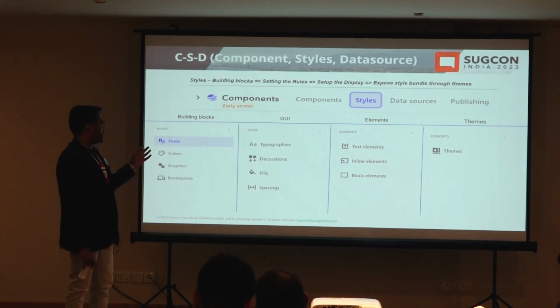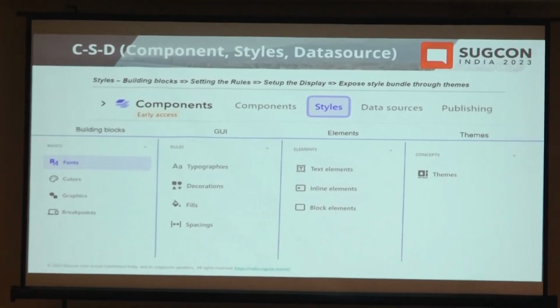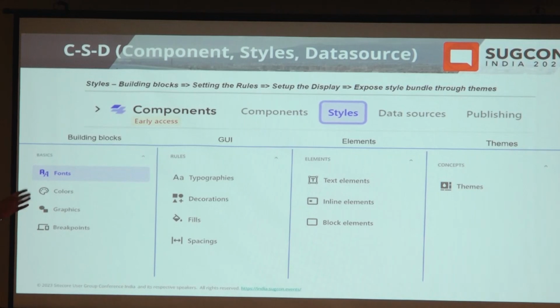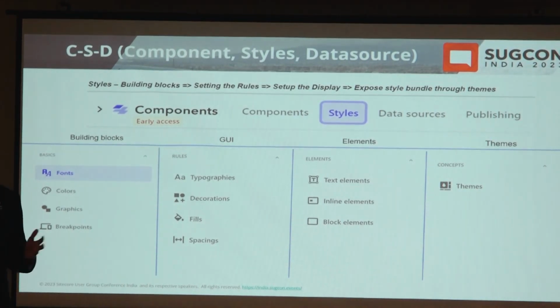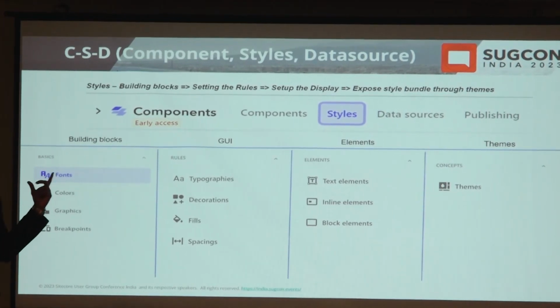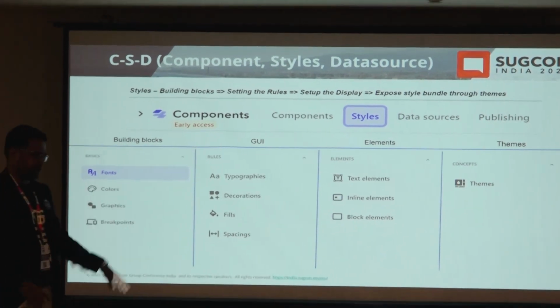In buttons, we define what kind of decoration, what kind of shape my button would have, and what kind of fill color should be applied to it. And finally come the block elements, where we have our section, cards, and containers. Here we define that if I have a card, then what kind of decoration, what shape that card would have, and what kind of fill.